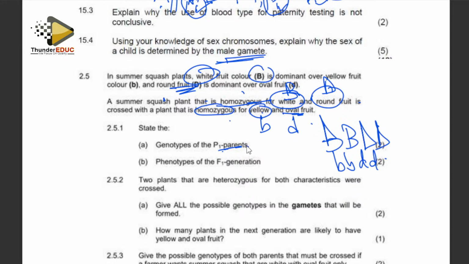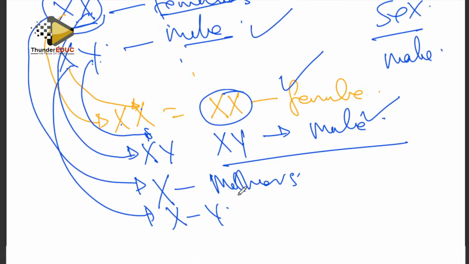Give the genotypes of the parents. Obviously, it's this. They are looking for this. That's the genotype of the parent. Then they ask for the phenotype of the F1 generation. So automatically, if I cross capital B and capital D, hey?